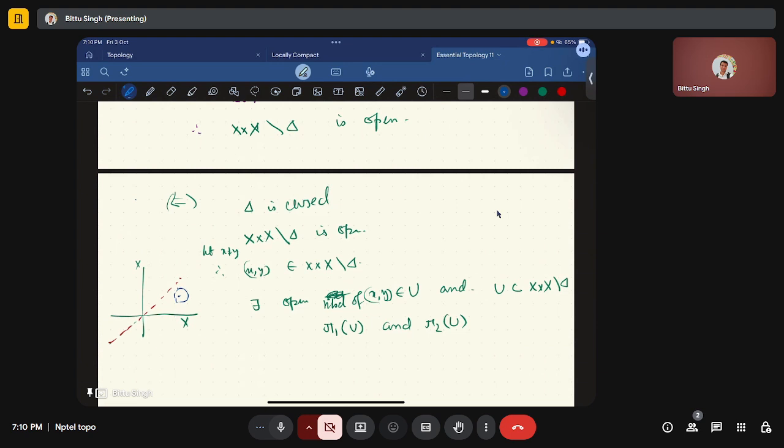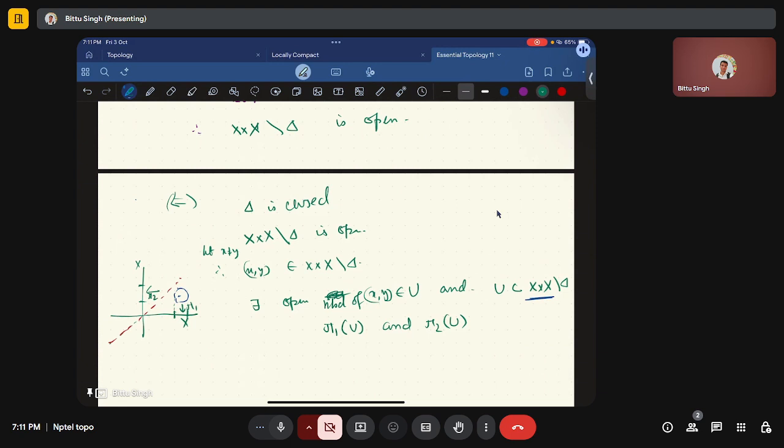So it is contained in the complement of the diagonal. Then take the projection. One projection will be this and another projection is this. This is pi 1 on the first coordinate, this is pi 2.